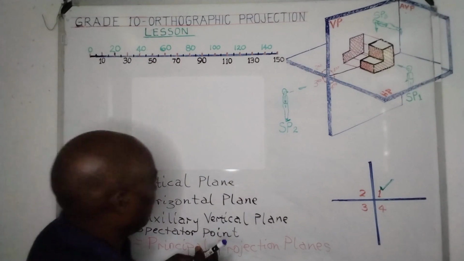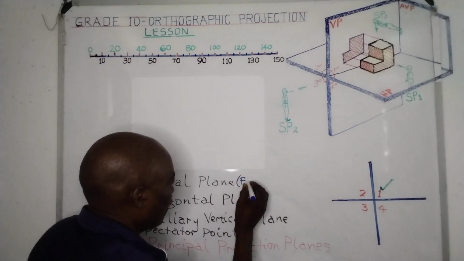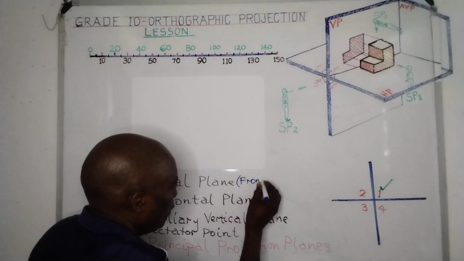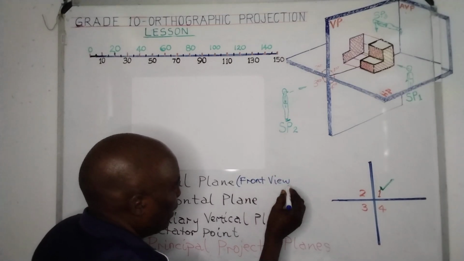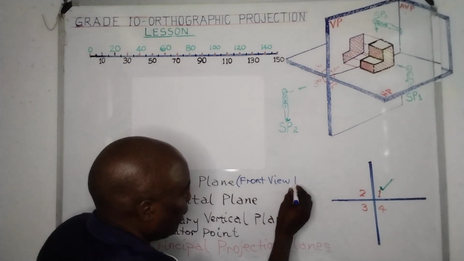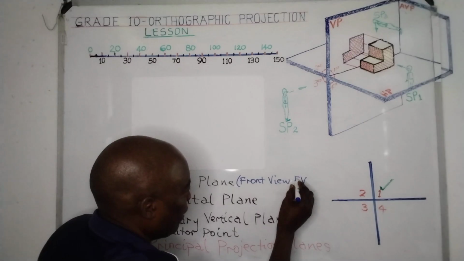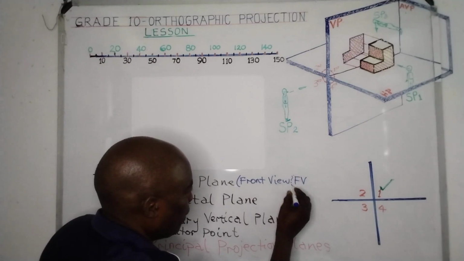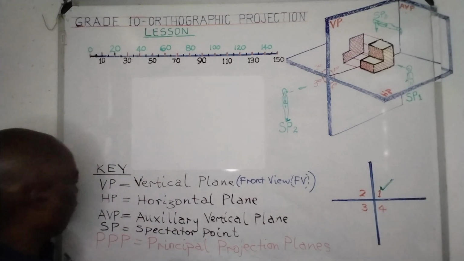So now you change position. From here now, it's you, the observer or the spectator, who is going to move around and come to this position, spectator point 2, which now gives you this view of two intersecting planes.